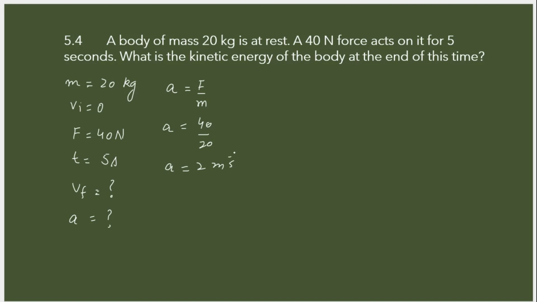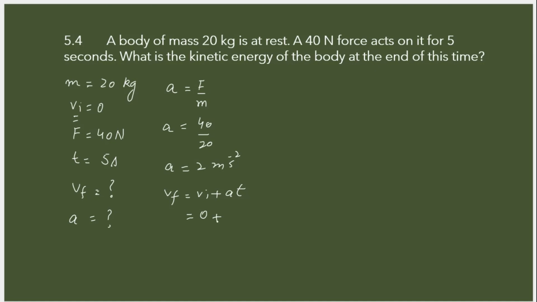Now we will use this acceleration to calculate the final velocity. We know that Vf equals Vi plus at. This is the first equation of motion. And in this equation, we will put the values. Since the body was at rest, the initial velocity Vi was 0.